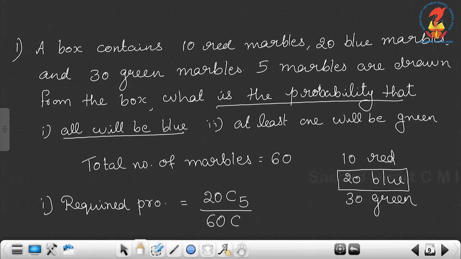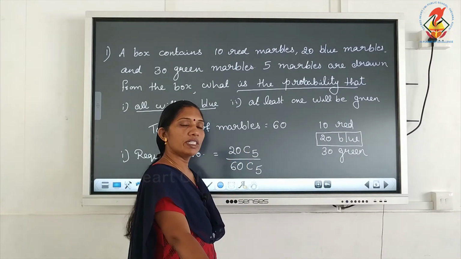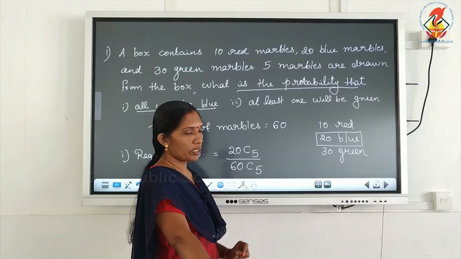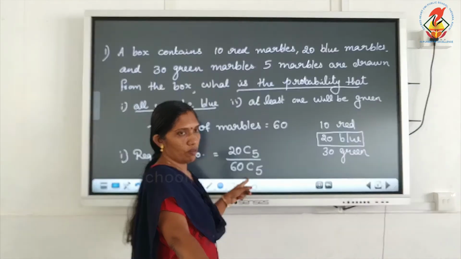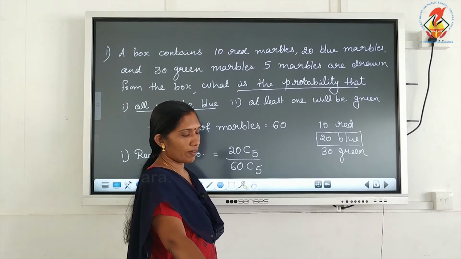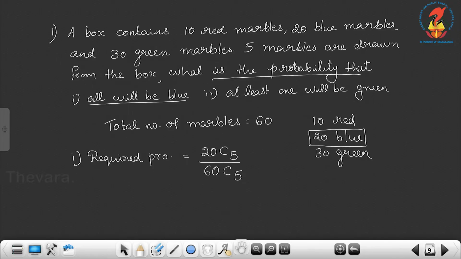So, it is 60C5. Understood? And it is difficult to simplify this. When we write 20C5, it is 20 factorial by 5 factorial into 15 factorial, and so on. So, it is difficult to simplify; you can keep it like this. That's enough.